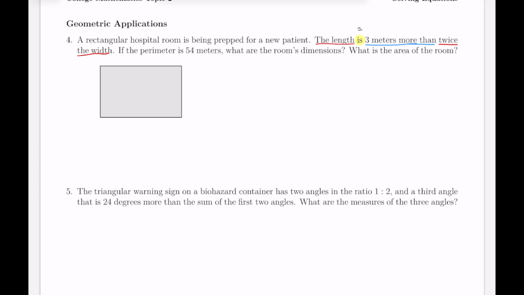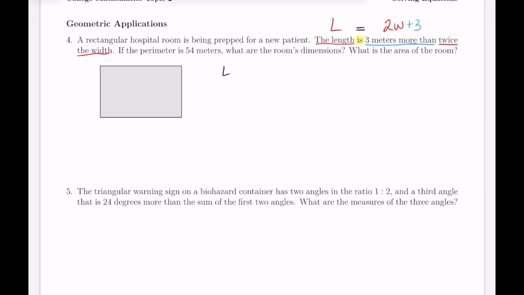So 3 meters more than twice the width. Okay, I think I can make an equation out of that. I can say the length, and then I have is 3 meters more than twice the width. I like to do it like this, twice the width, and now I want 3 meters more than that. So we'll say plus 3. So here's my first equation.